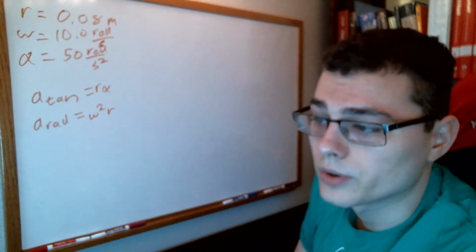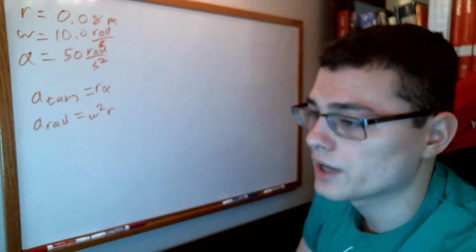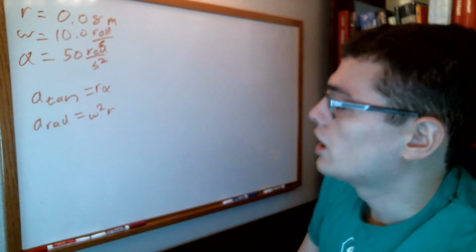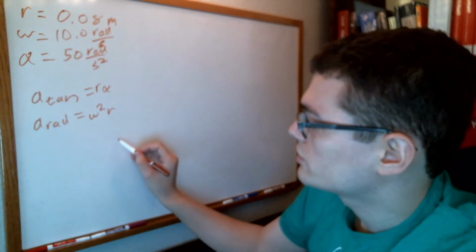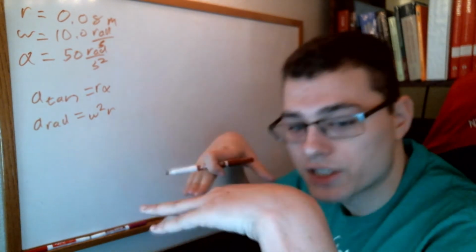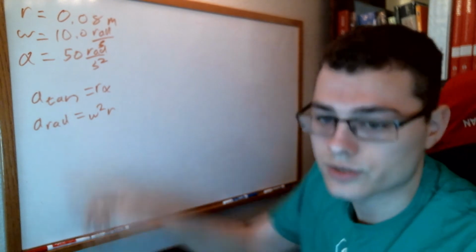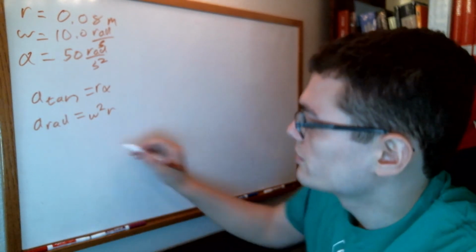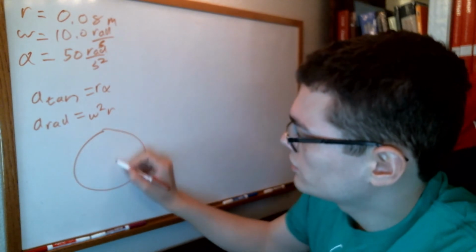And then in order to put these 2 components together to find the actual acceleration, we're going to have to draw this out real quick. So looking from the top down, because we know the discus is moving horizontally, say we have this circle.